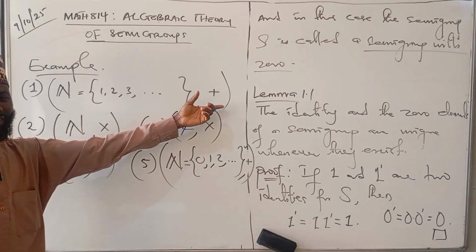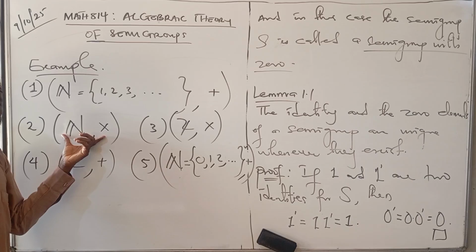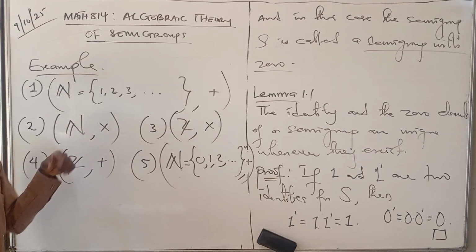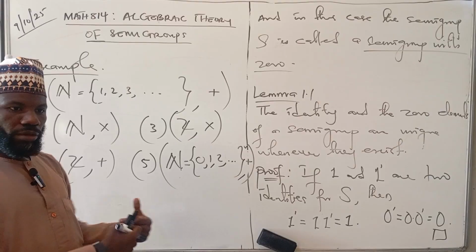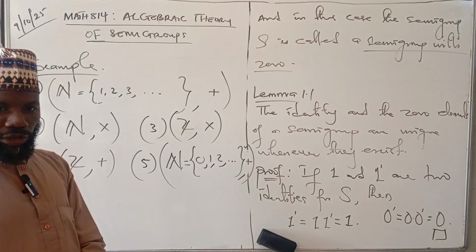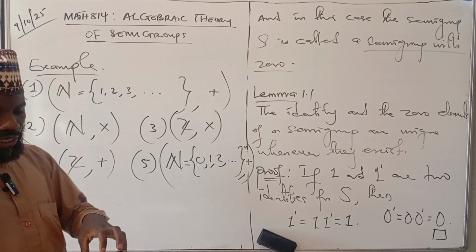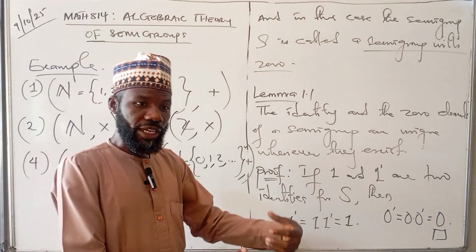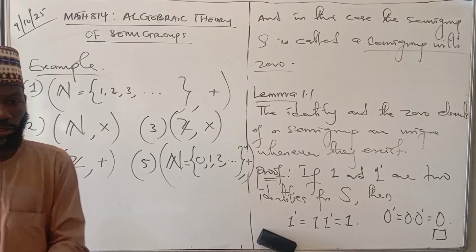It wasn't with identity, so it was not a monoid, but here is a monoid. So changing the binary operation can make a semigroup that was not a monoid now a monoid. Are you following? So a semigroup structure actually depends on the binary operation. It's the binary operation that mostly determines the structure of the semigroup.